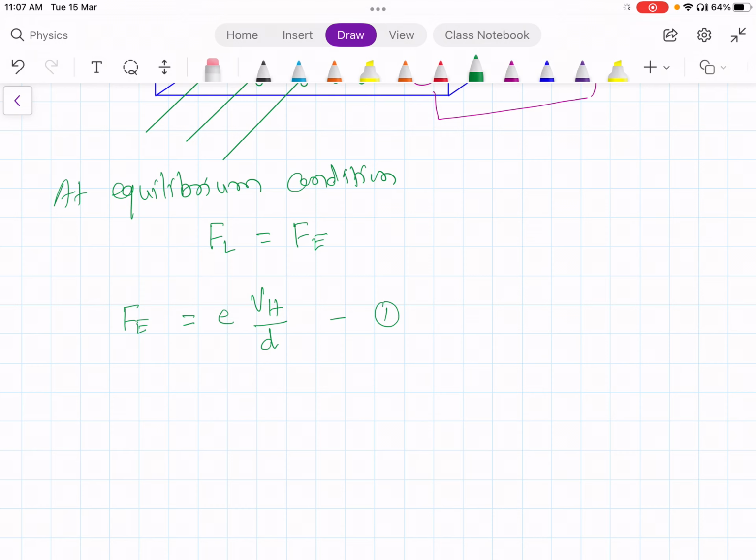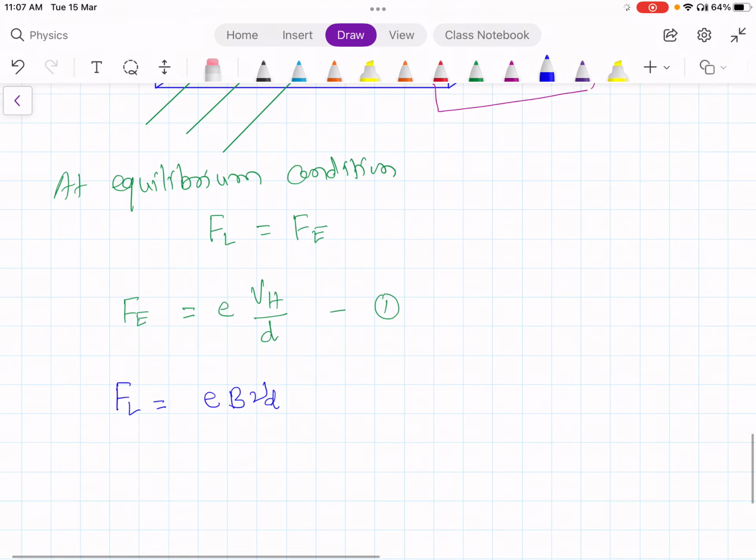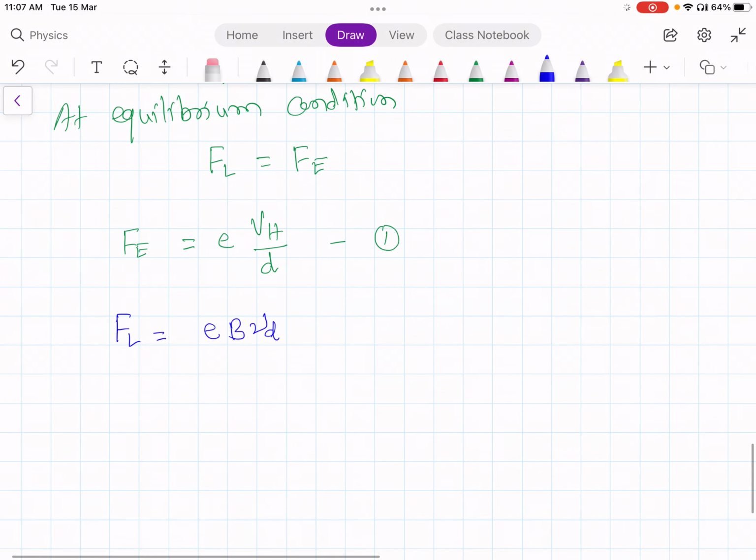And the Lorentz force FL is given by the equation e B Vd. In this case, e is the charge, B is the magnetic field, and Vd is the drift velocity. Let's say that is equation 2.